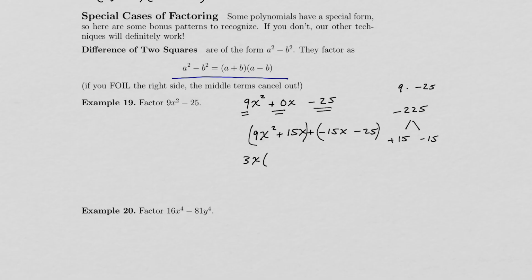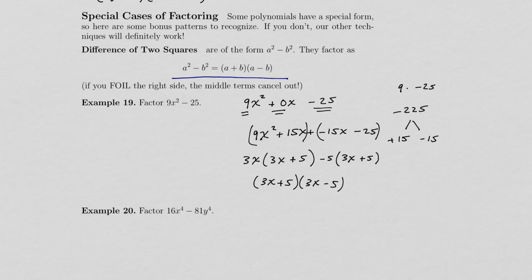And I'm left with 3x, because 3x times 3x is 9x squared, plus 5, because 3x times 5 would give me 15x. And I'd like to be left with a 3x plus 5 in the second group. Well, if I factor out a negative 5, then I'll end up with positive 3x and then positive 5. So now I can factor the 3x plus 5 out completely out front, and I'm left with 3x minus 5.